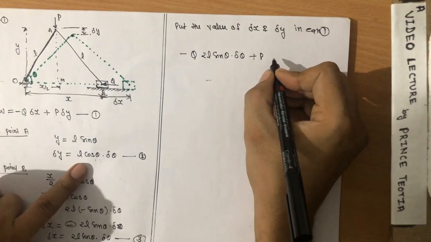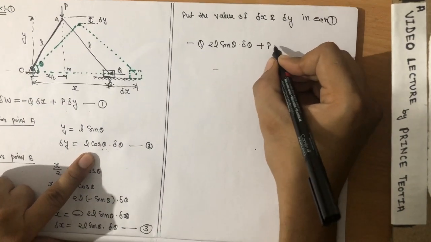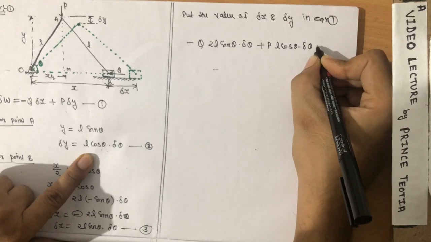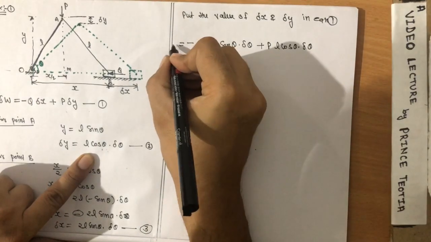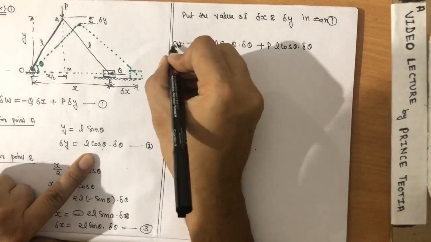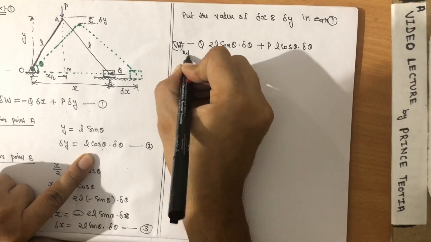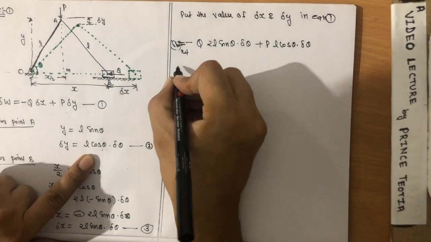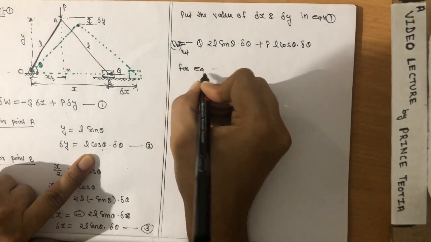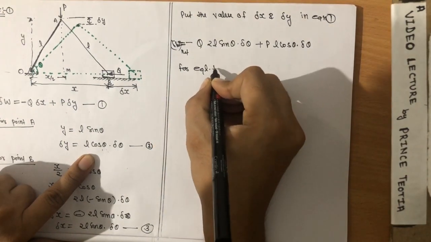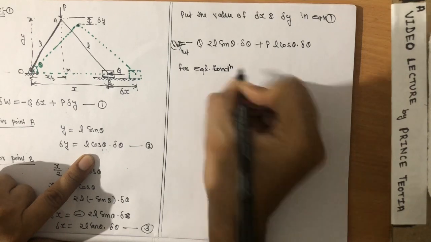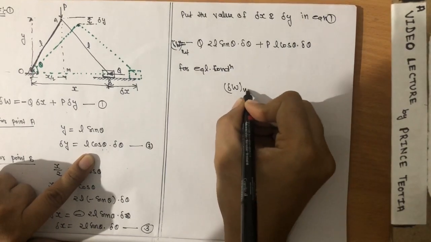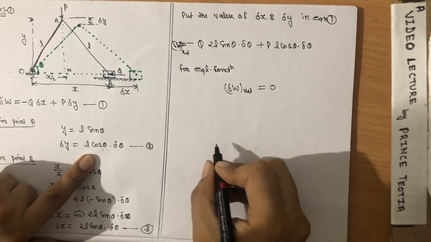Delta y is L cos theta into delta theta, and this is the net virtual work. This is the net virtual work for the equilibrium condition. Delta W net will be 0.